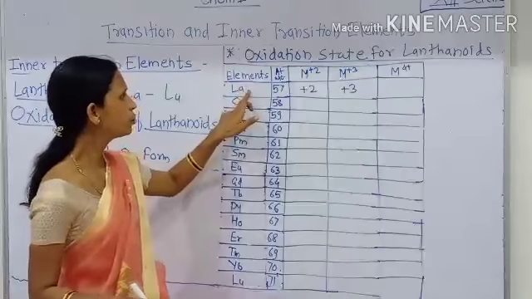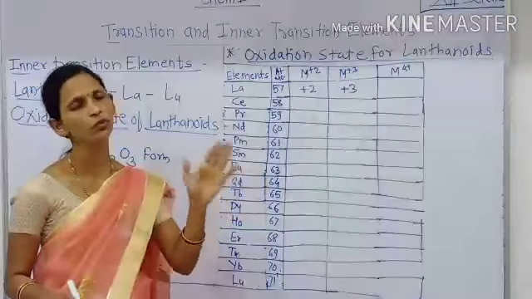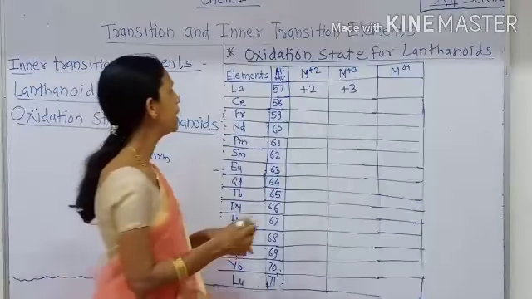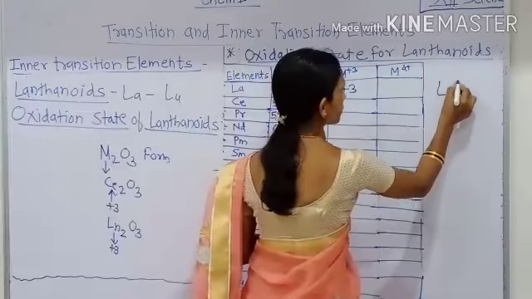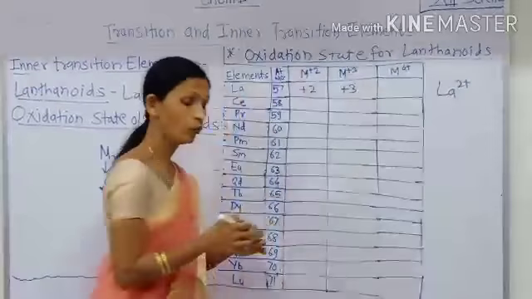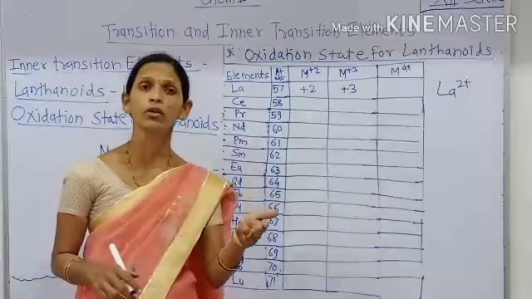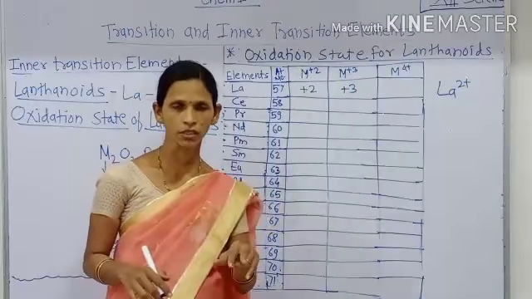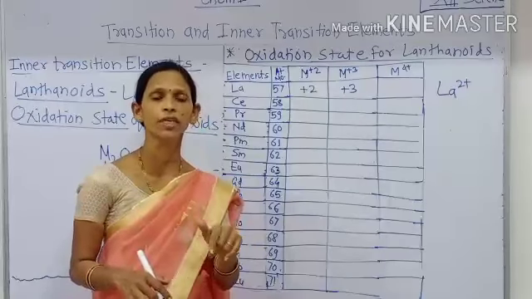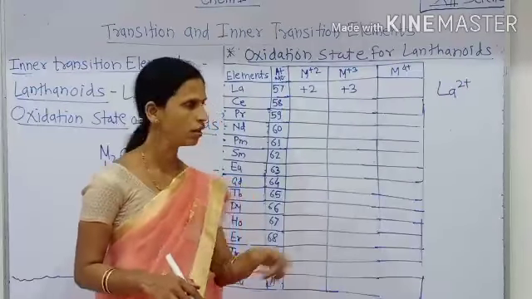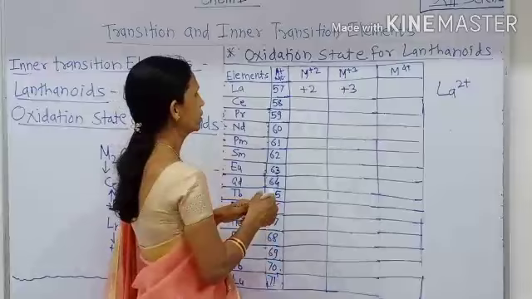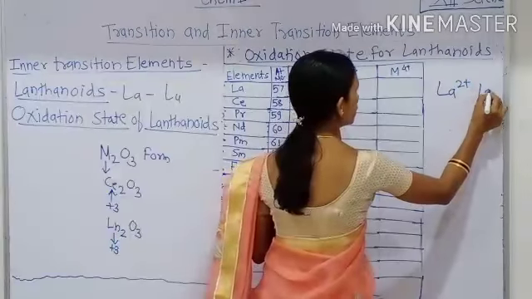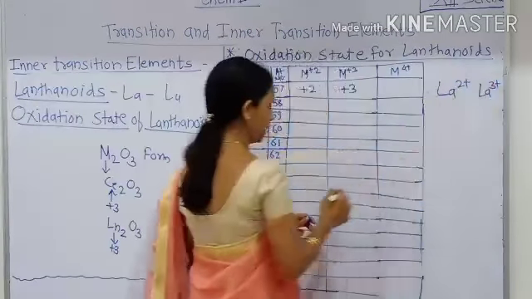That means it forms the di-positive ion, La2+. And when it loses 2 electrons from 6s and 1 electron from the 5d orbital, it forms the La3+ oxidation state.